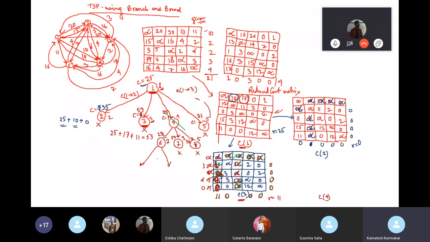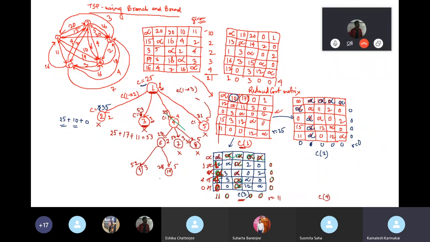So if you expand it, 6, 7, 8. Next you have to calculate C9, then C10. Now we have visited 1, 2 and 4. So the next vertices which you can visit are 3 and 5. Here you will get cost equal to 52 and here the cost equals 28 again.